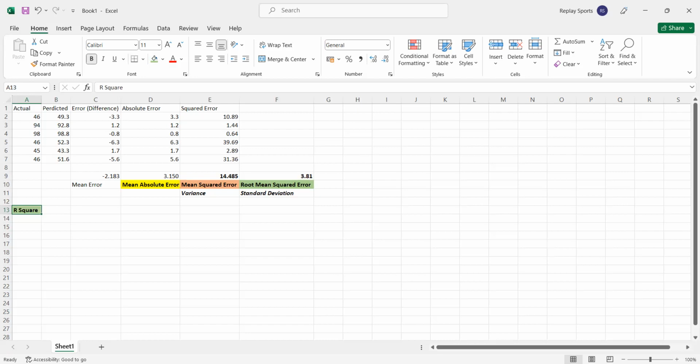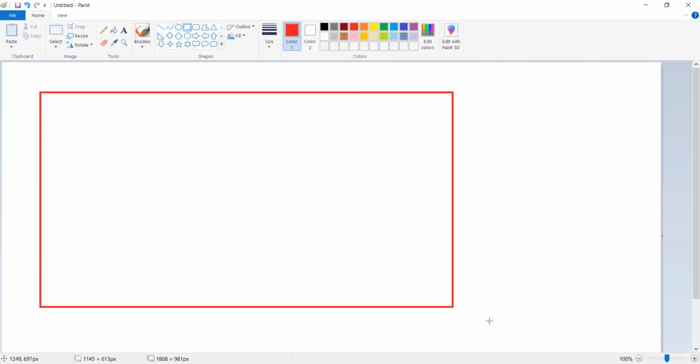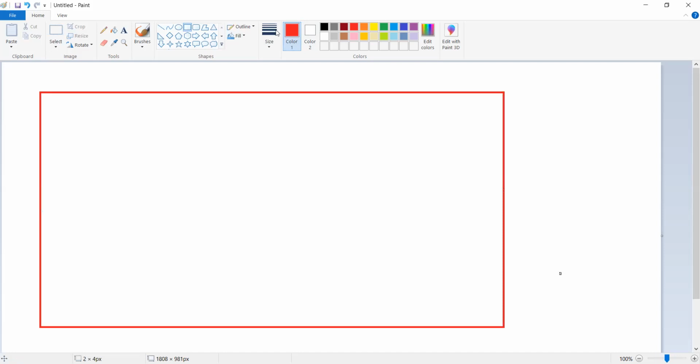Let me quickly take you to Paint here. Let's say you have this XY plane and you had these values here.